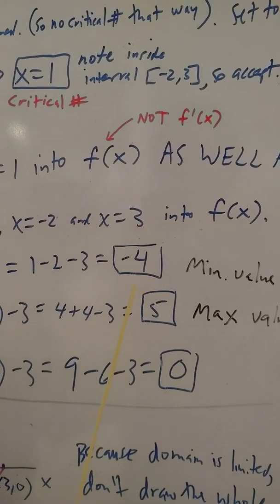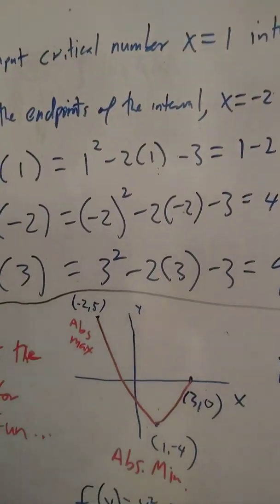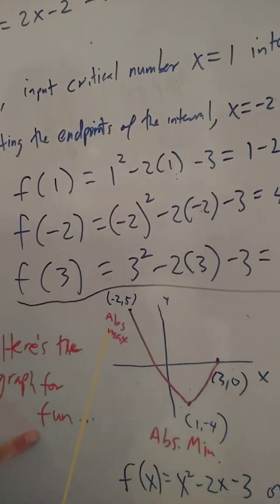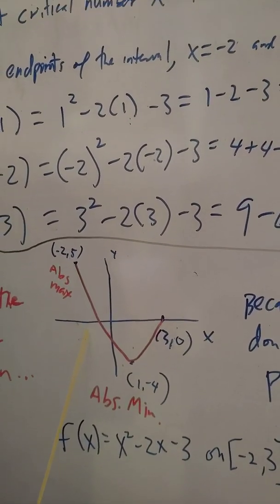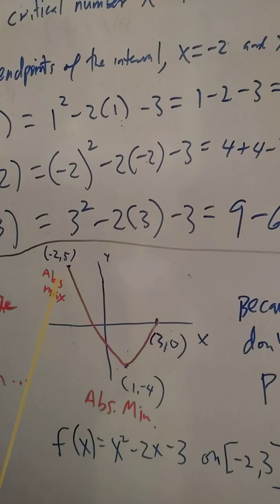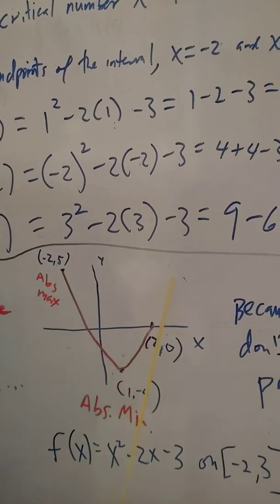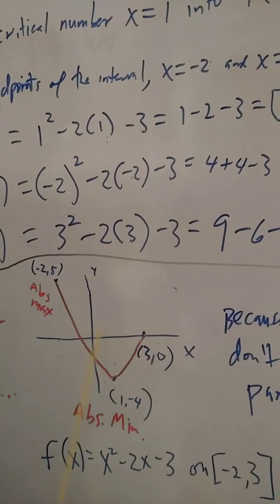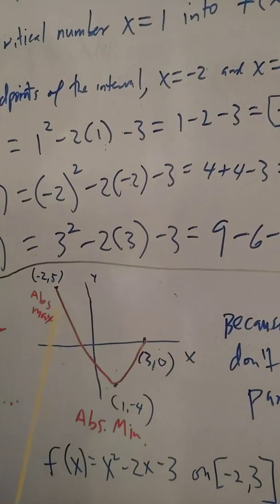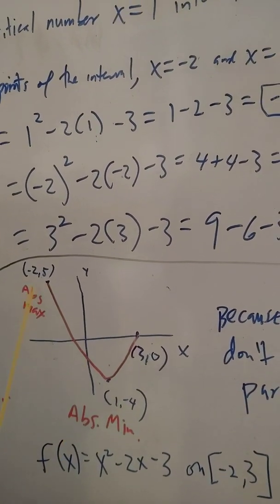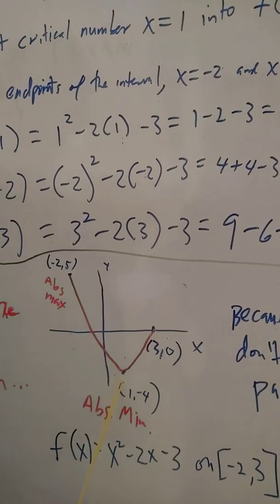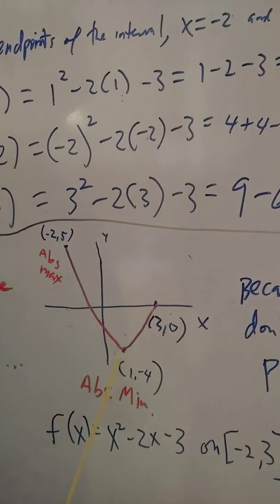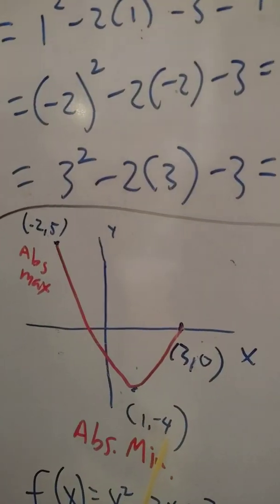And here's a graph of our function f, just for fun. I didn't really have to draw this graph, but on the interval from x equals -2 to x equals 3, notice I didn't draw the full parabola; you can only draw the part from x equals -2 to x equals 3. Can you see how the absolute minimum occurs right there? That absolute minimum value is the y-coordinate, -4.